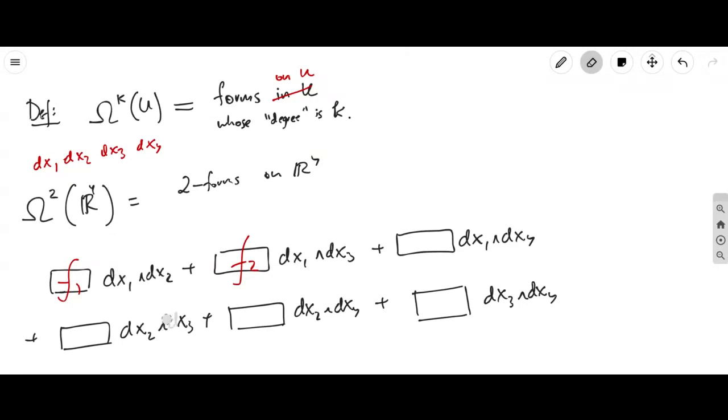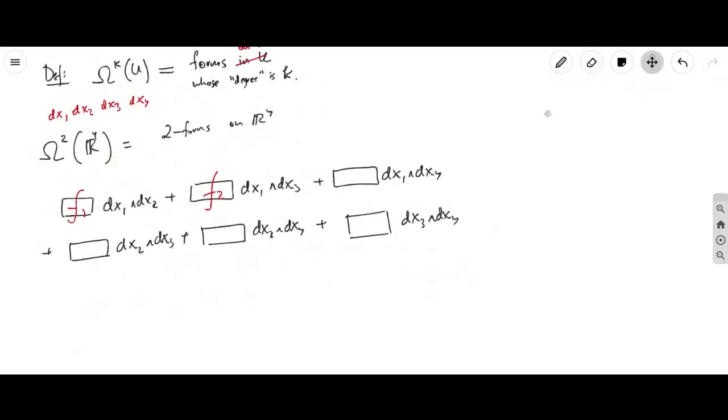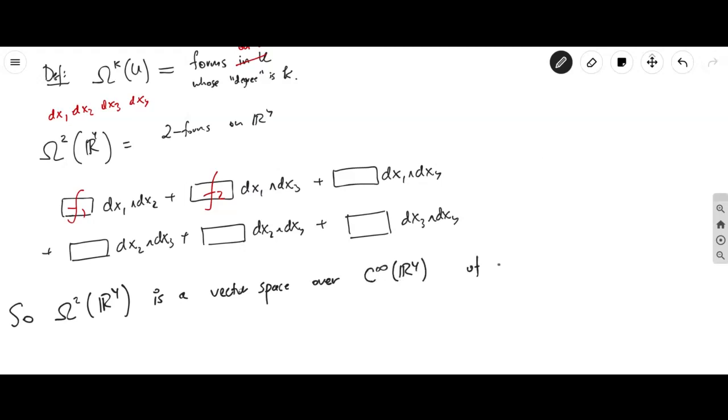So what you see over here is that these form a basis for all of the 2 forms. So this is what we would say: omega 2 of R4 is a vector space over smooth functions on R4 of dimension 6.